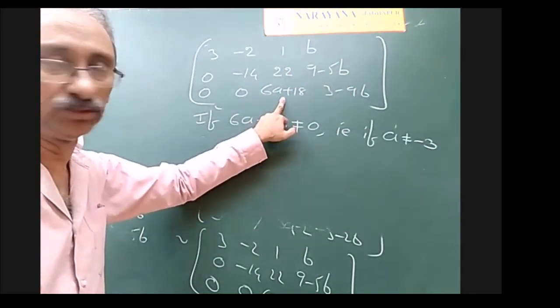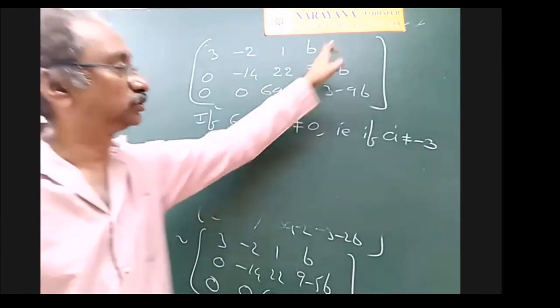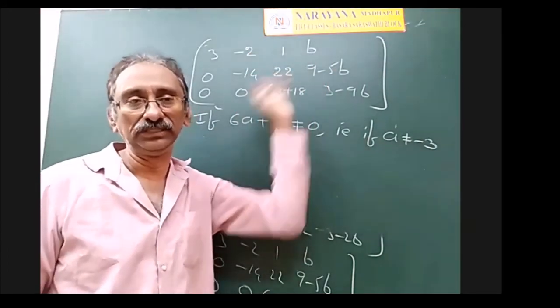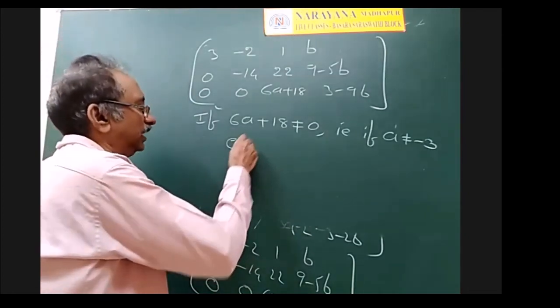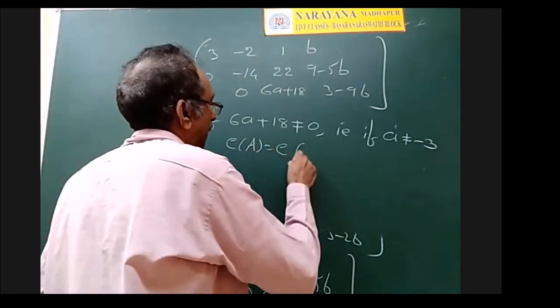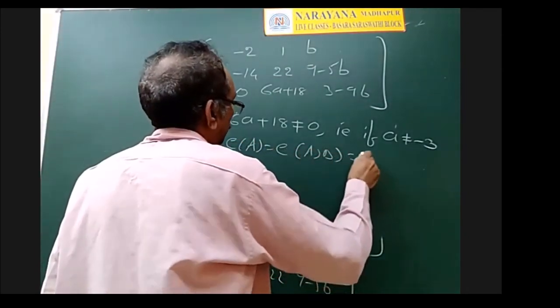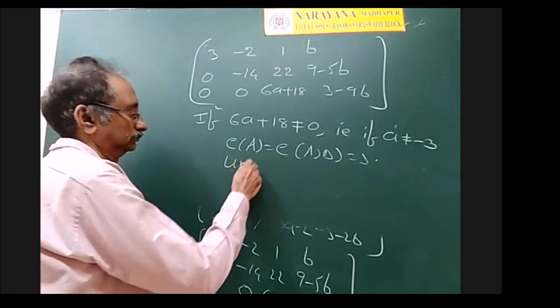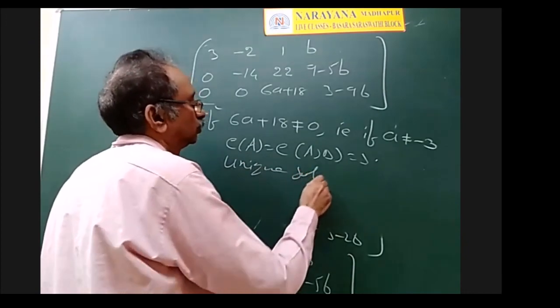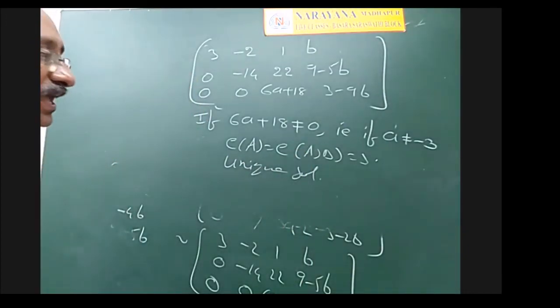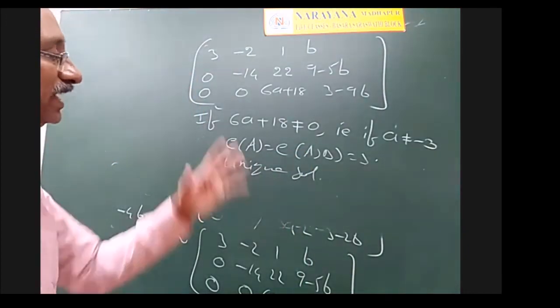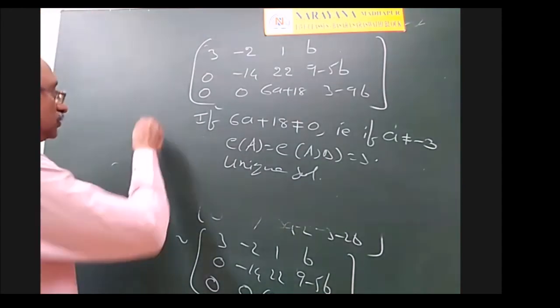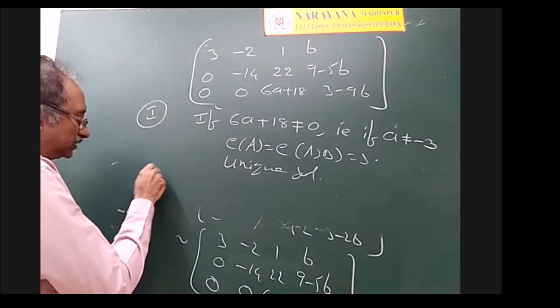Because it is non-zero, number of non-zero rows for this matrix is also 3. Therefore, rank of A is equal to rank of AB is equal to 3, number of variables. So, unique solution. So, if you take the value of A except minus 3, you will get unique solution. That is case 1.